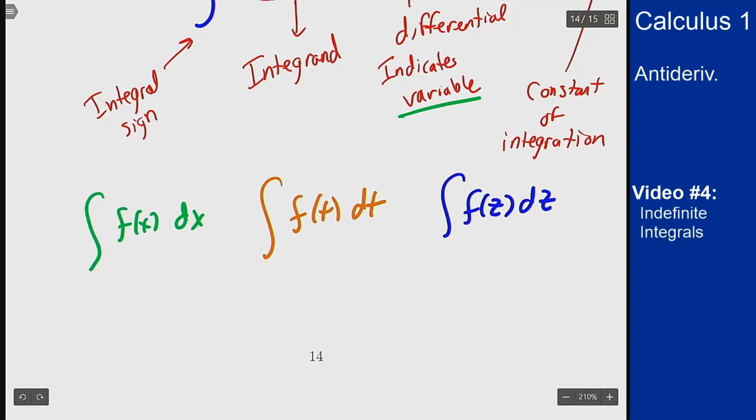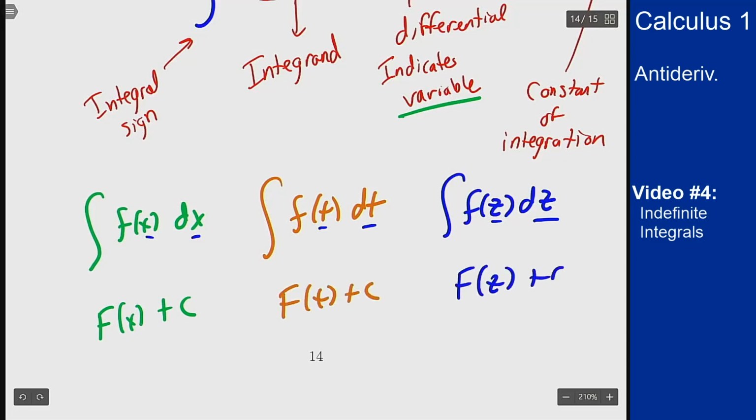They all indicate the exact same set of antiderivatives. The differential part here just tells you what letter you're using, and so it's what letter is going to show up in your answer as well. In general, you'd write this one as big F of x plus c, this one as big F of t plus c, and this one here as big F of z plus c, because you want the variables to match what you have before and after.